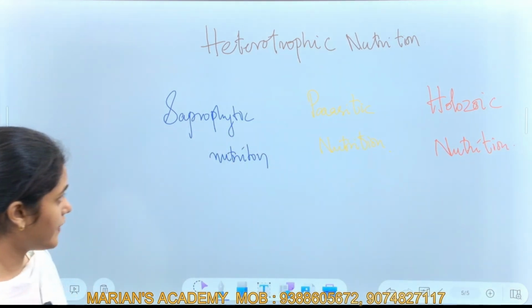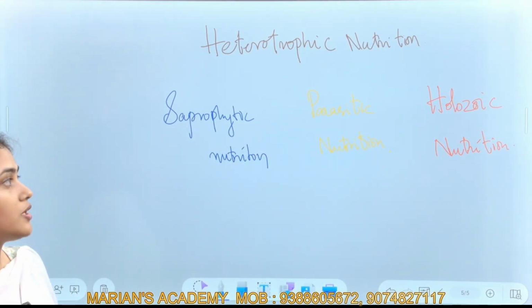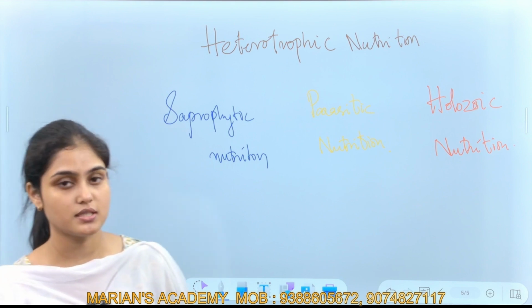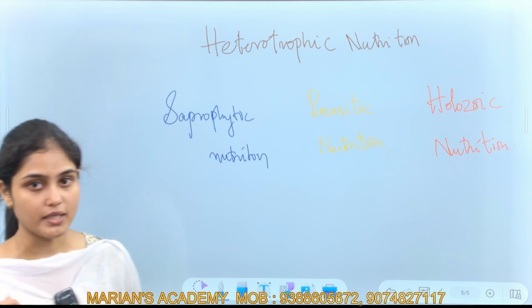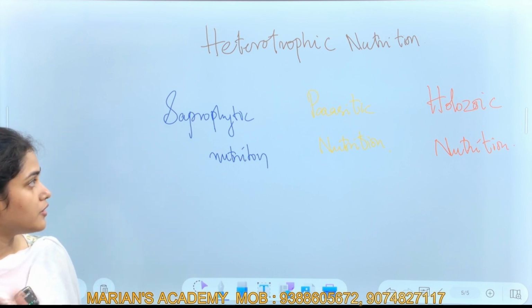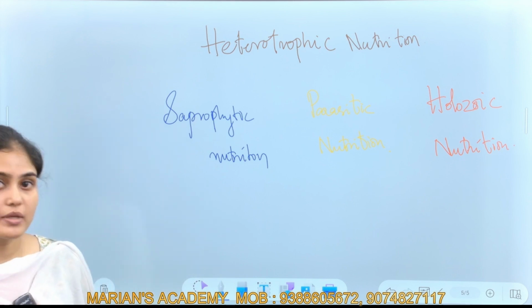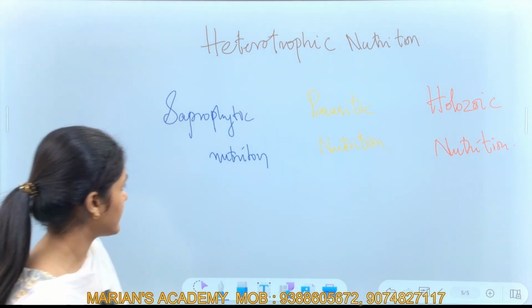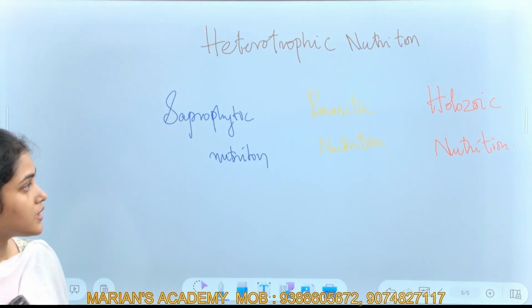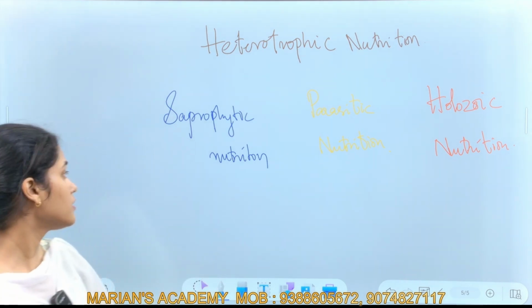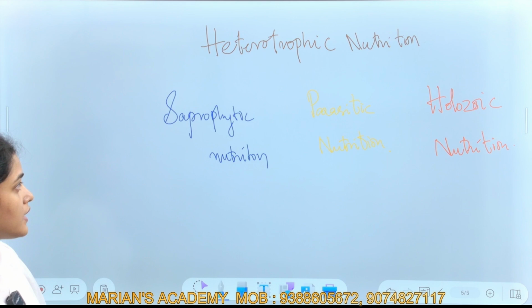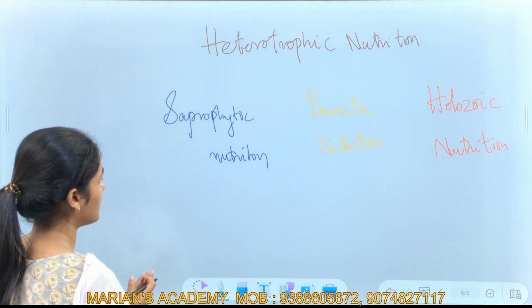Fine. Saprophytic nutrition, parasitic nutrition, holozoic nutrition. What I would suggest is just keep on repeating these terms in your mind. Okay. If you keep on revising, it will never go out of your mind. So, saprophytic nutrition, parasitic nutrition, holozoic nutrition. So, this comes under what? Heterotrophic nutrition.